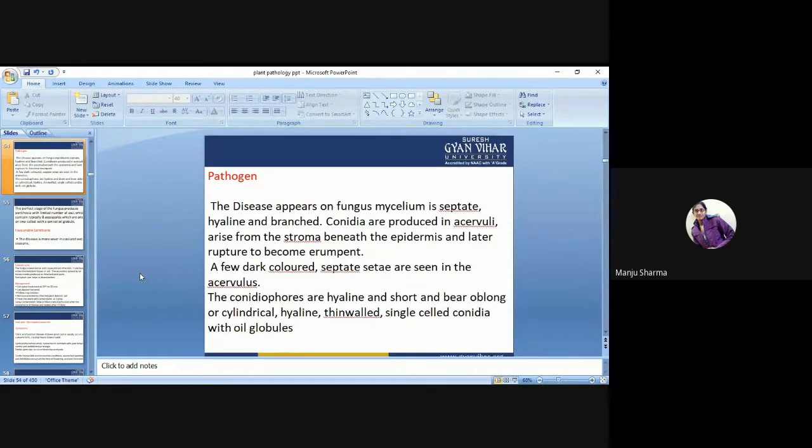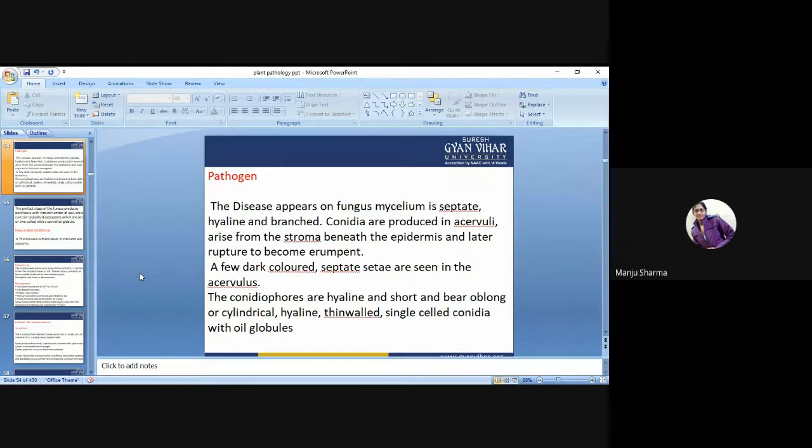Pathogen: the fungus mycelium is septate. Mycelium means branching of the hyphae, and septate means the hypha is divided into different segments. Hyaline and branched.